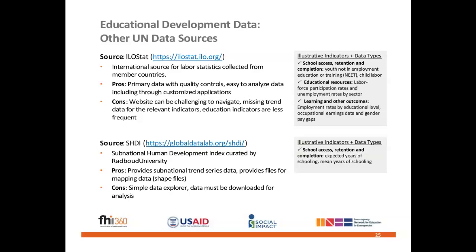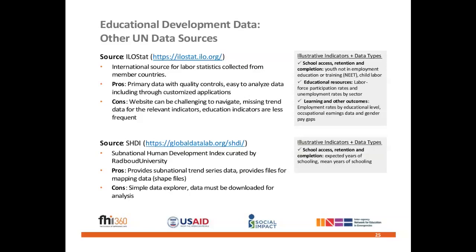And the pros are that this is kind of quality controlled data that's pulled directly from national statistical offices primarily, as well as some other resources. It's basically in a tabular format, so it's fairly easy to at least download the data. And they even have some nice tools that you can install in Excel or in R to do some basic analysis as well that makes that process a bit easier for those that are more analytically inclined.